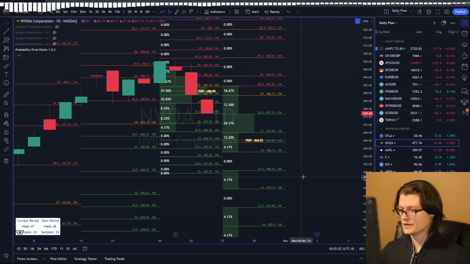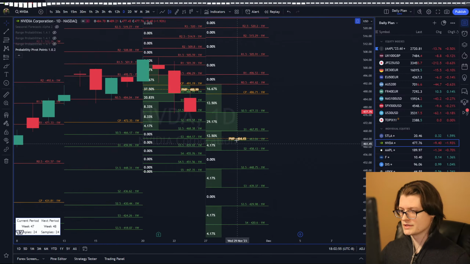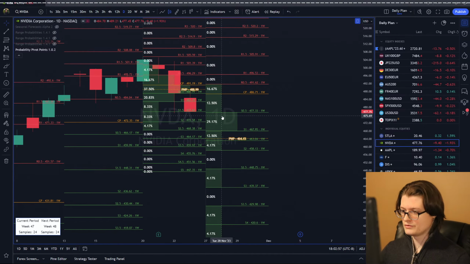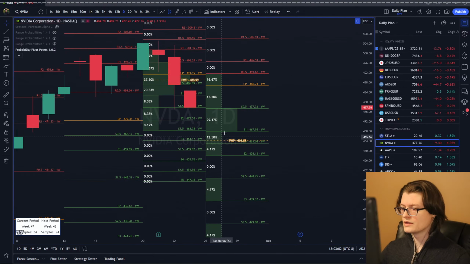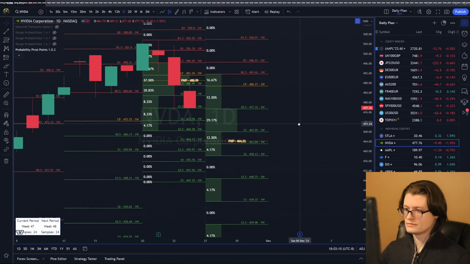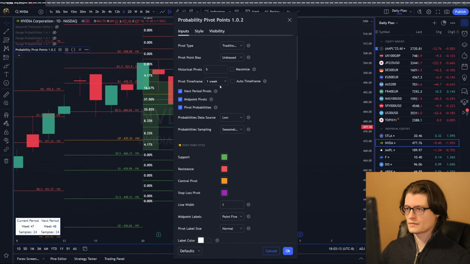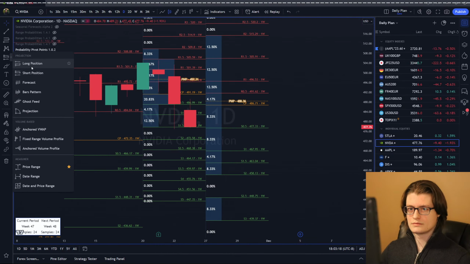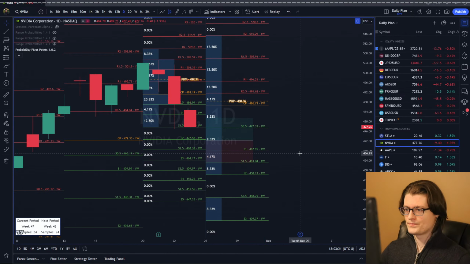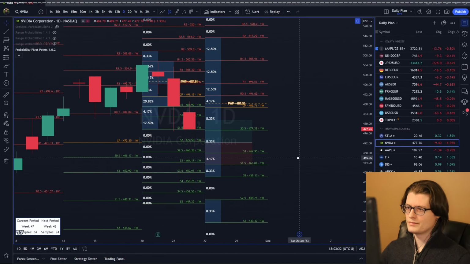Looking at the seasonal data, it seems like most of the time Nvidia, for the week we're about to open in tomorrow, you get your low around, call it 470. And let's look at the closes. So let's say there's a long right around here. Yeah, those closes aren't particularly fantastic.